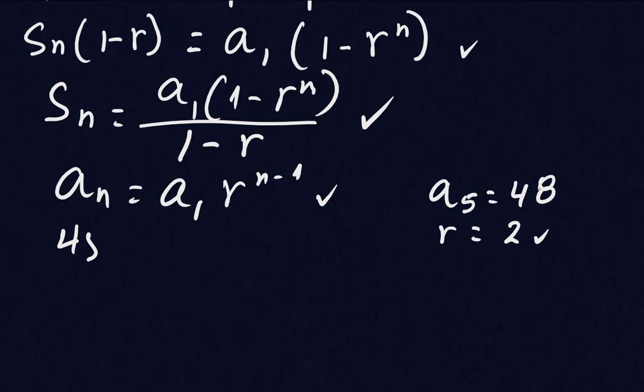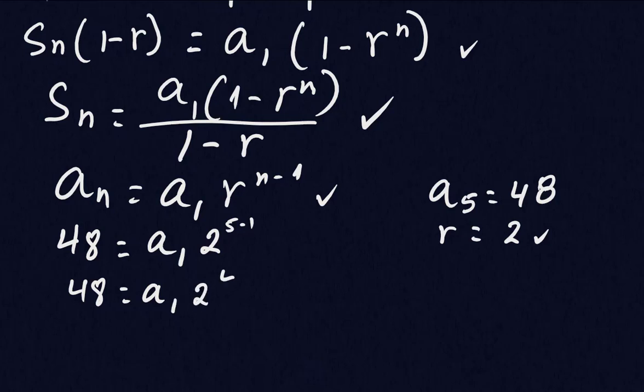So A1. An is equal to A1 times R to the power of n minus 1, which means that 48 is equal to A1 times 2 to the power of 5 minus 1. So 48 is equal to A1 times 2 to the power of 4, but we know that 2 to the power of 4 is 2 times 2 times 2 times 2, which is equal to 16.